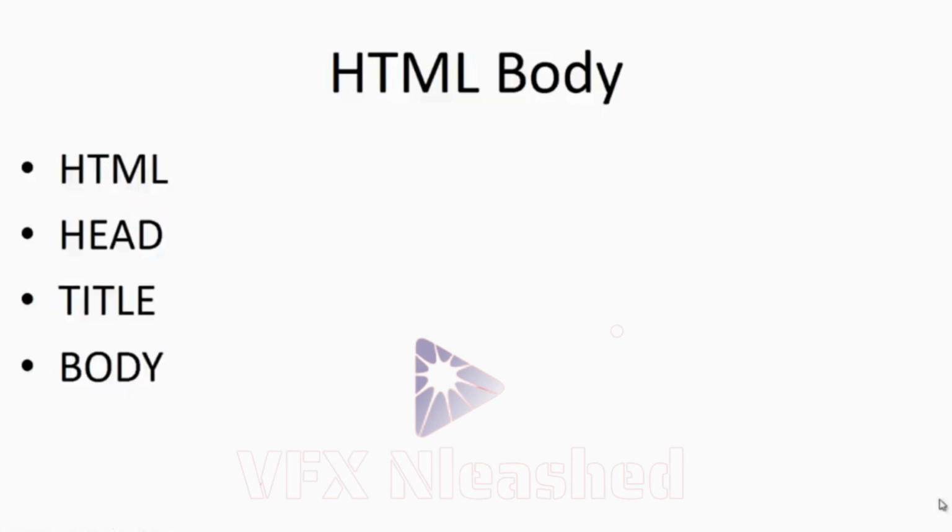Now, before I move on to video number 2, we are going to talk about the basic structure of an HTML body. Whenever you create a new HTML page, basically what it looks like is at the top, you're going to have an HTML tag, and think about it as wrapping around everything. So you have the HTML, and you have the head, which is right underneath the HTML. This is kind of saying, okay, this is an HTML page, and then the next thing you'll see is the head.